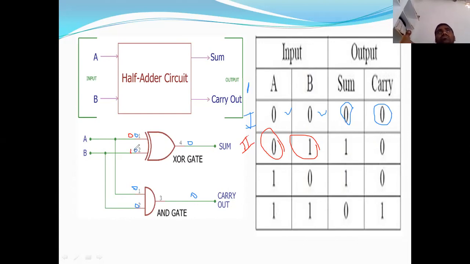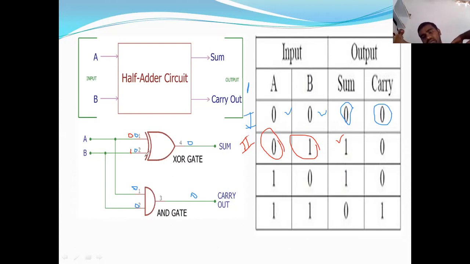For different inputs we are getting the output is 1. Different inputs, output is high; same inputs, output will be low. So that is the logic of the XOR gate. So for inputs of 0 and 1, we are getting the sum is 1.